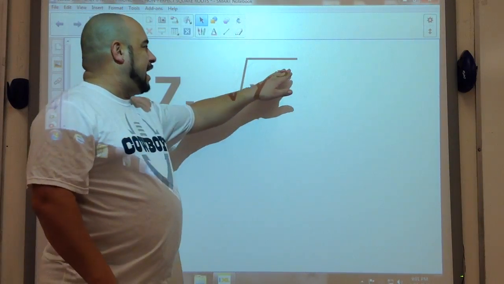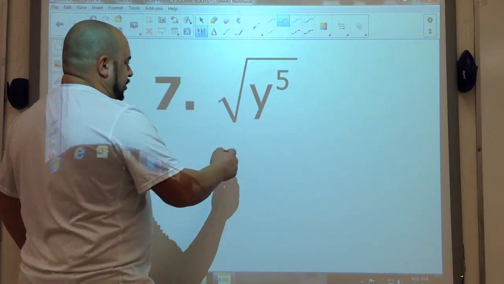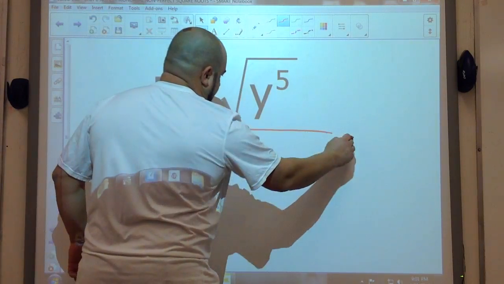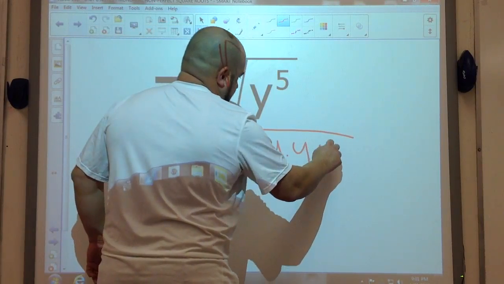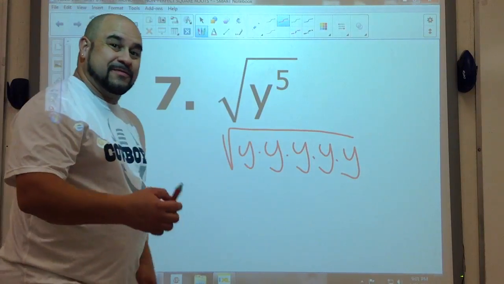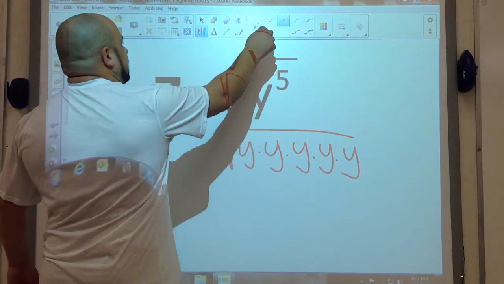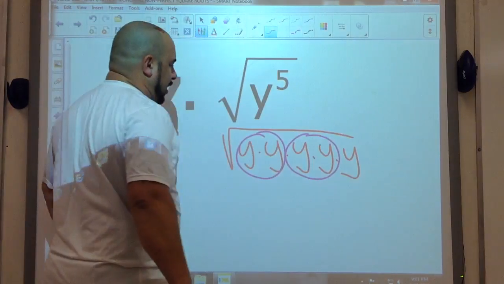It says y to the 5th power. So one way you can look at this is you have 5 y's. And because you have 5 y's, we're looking for sets of 2 y's. So you have 2 sets of y's.